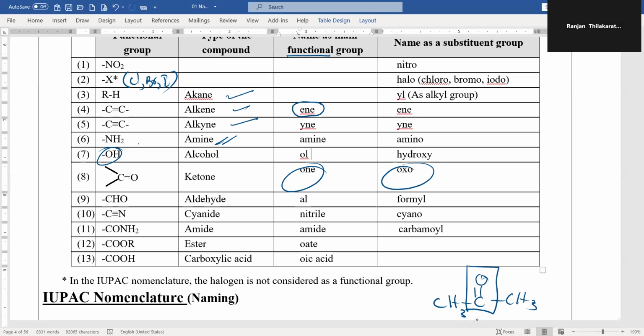Because of having 3 carbon atoms, it is prop. So we get the name as propanone. And these are called the aldehyde. The name of the aldehyde ends with al. Alcohol, ol; aldehyde, al. There's a difference. ol and al.